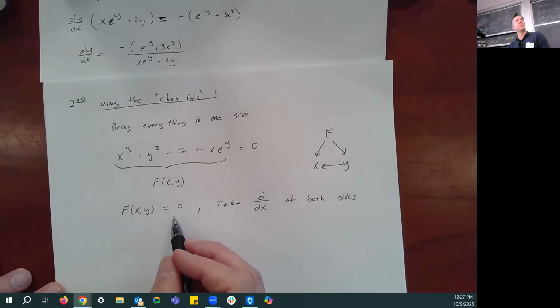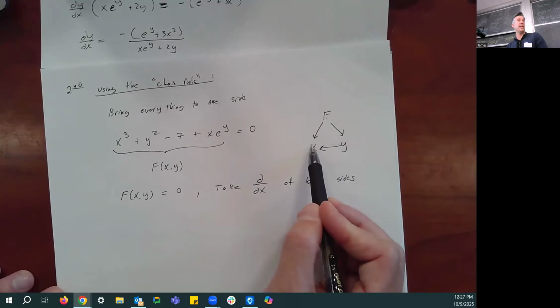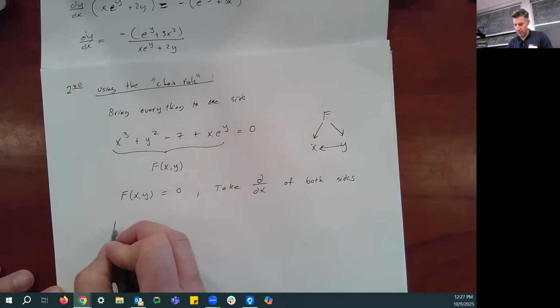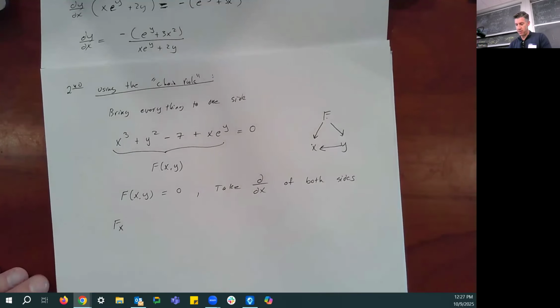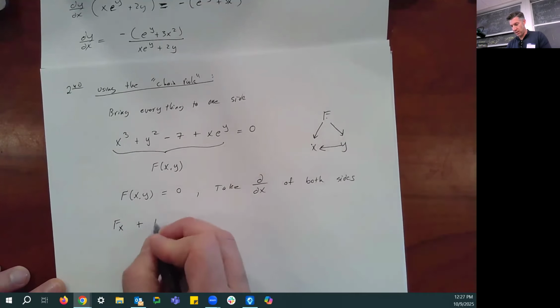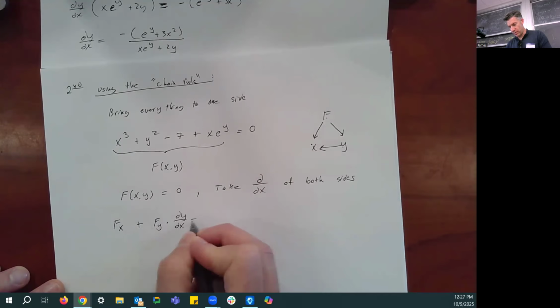The right side, the derivative of 0 is 0. The left side, we're going to use the chain rule. So the derivative of f with respect to x, well, there are two ways to get there. There's this path here, which gives fx, plus this path here, which is fy times dy/dx, equals 0.